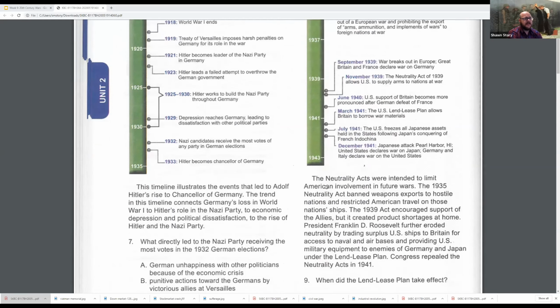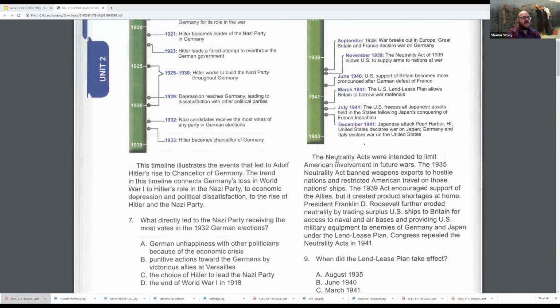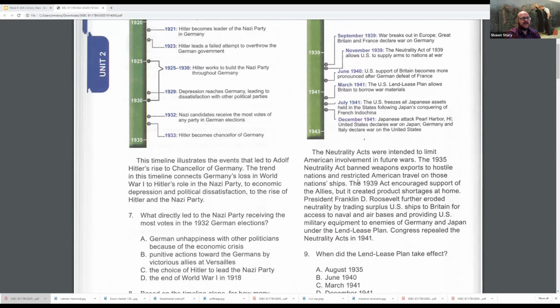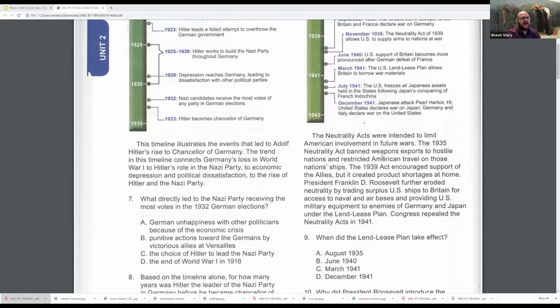All right, next paragraph. The Neutrality Acts were intended to limit American involvement in future wars. In 1935, the Neutrality Act banned weapons exports to hostile nations and restricted American travel on those nations' ships. The 1939 Act encouraged support of the Allies, but created product shortages at home.